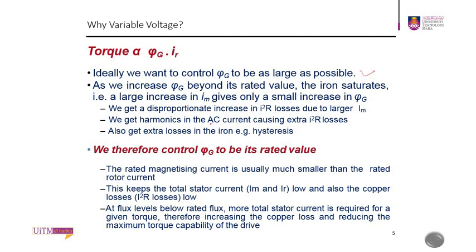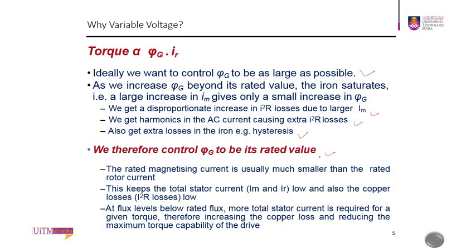So we get a disproportionate increase in I squared R losses due to larger current, and harmonics in the AC current cause extra I squared R losses, and also extra iron hysteresis losses. Therefore we control the flux to be at its rated value.